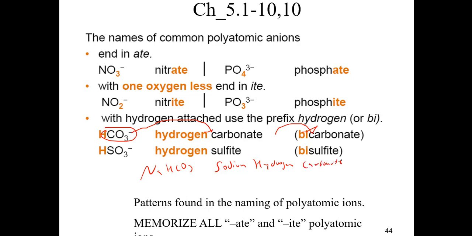Now the old school name that a lot of scientists insist we have students learn is bicarbonate. The bi is very confusing. It won't make any sense, so you just have to memorize that if you see bicarbonate, it's the same thing as hydrogen carbonate. And so the alternate name is going to be sodium bicarbonate.